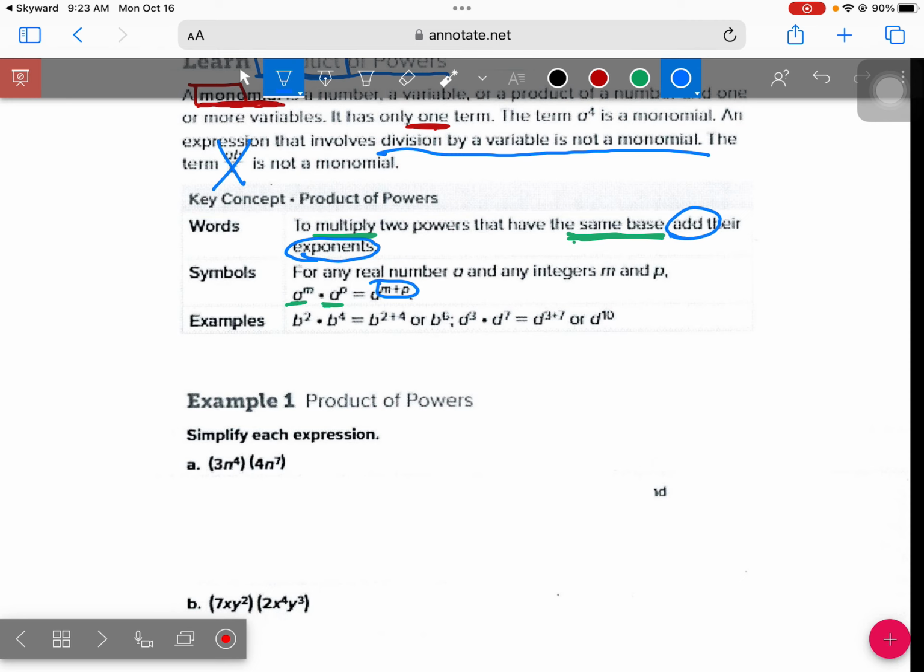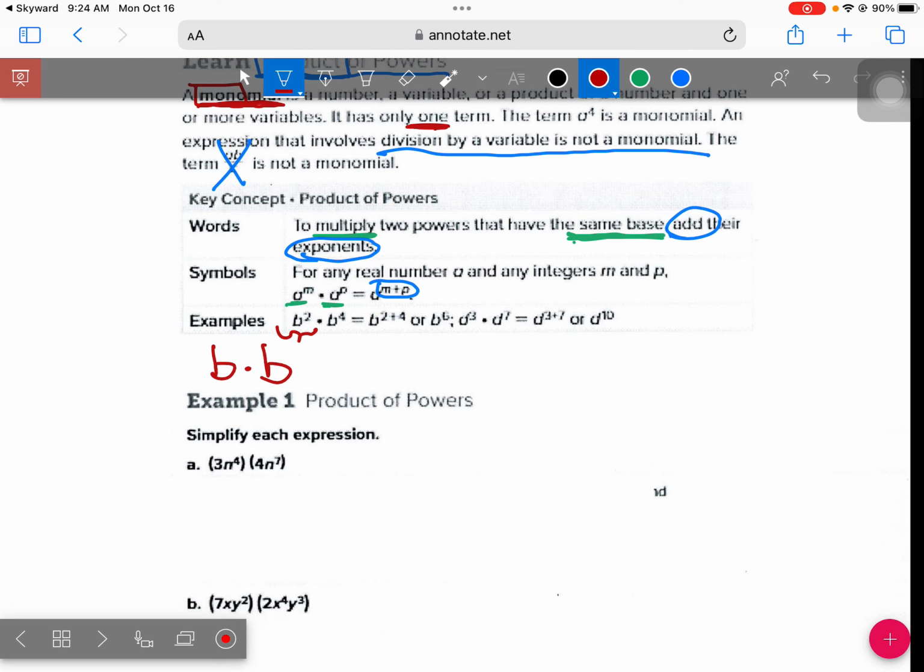So what does this mean? If I have b squared, what does that mean if I were to write it out? What is that telling me to do? Multiply b by itself how many times? 2 times.